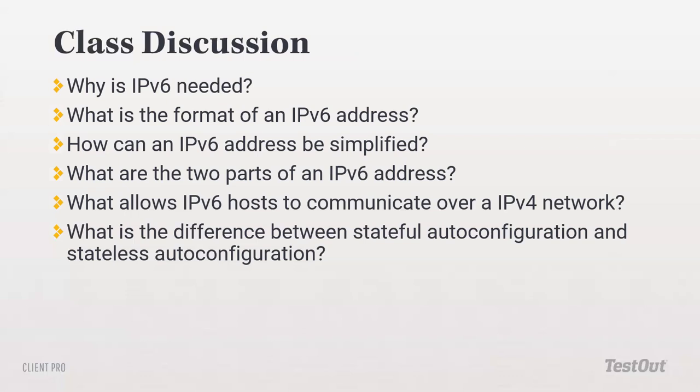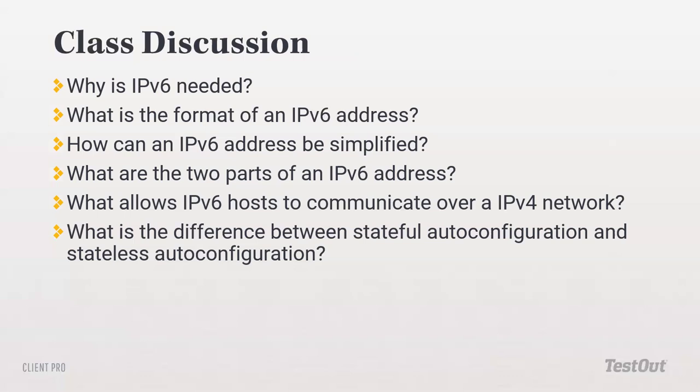How can you simplify an IPv6 address? You can shorten it by eliminating leading zeros. And if you have groups of zeros, then you can actually use that double colon. Remember, you can only use that once. The 2 parts of the address are your prefix and your client ID.